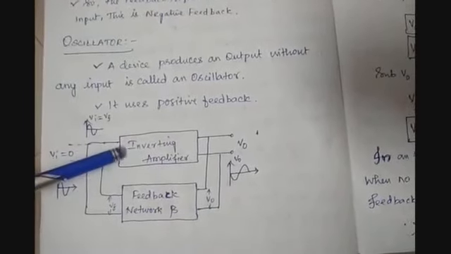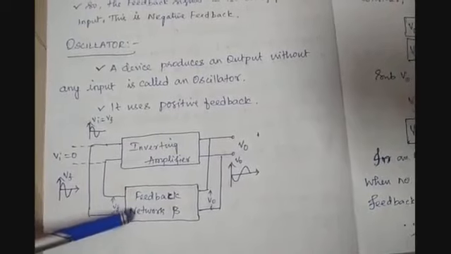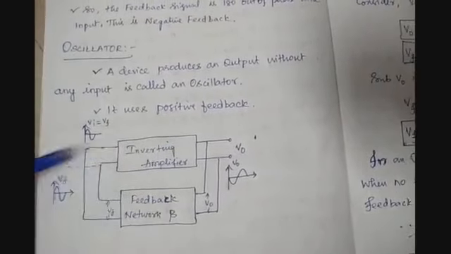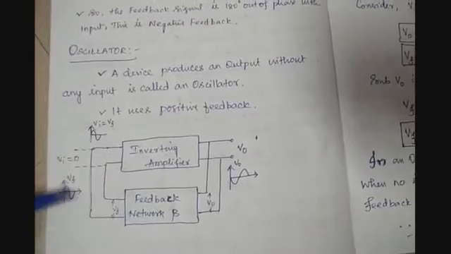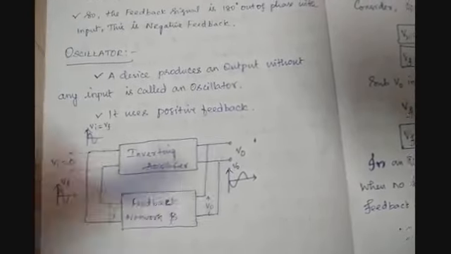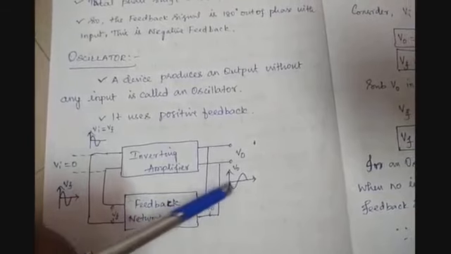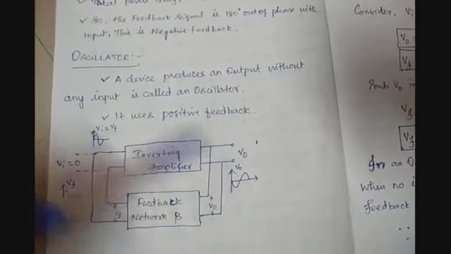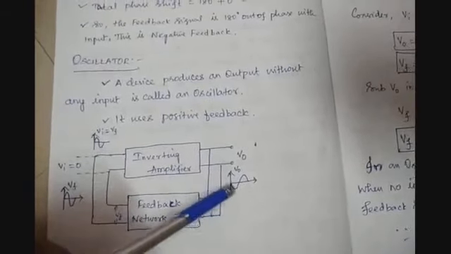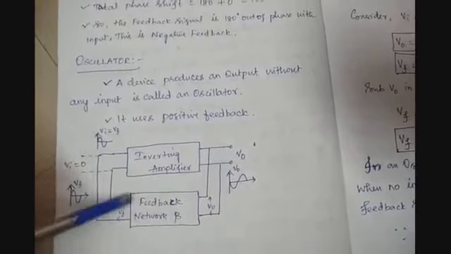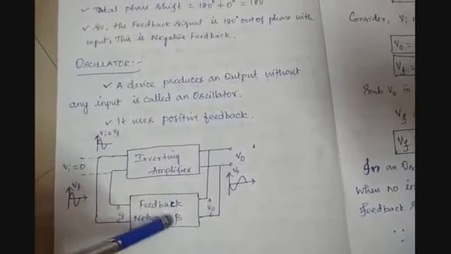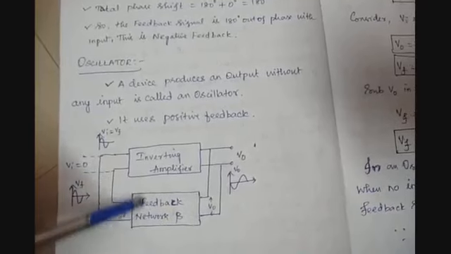So here inverting amplifier and feedback network we have taken, and inverting amplifier means we know very well it produces 180 degree out of phase. It produces output with 180 degree out of phase compared with the input. And the feedback network here we have taken, and this also introduces 180 degree phase shift.